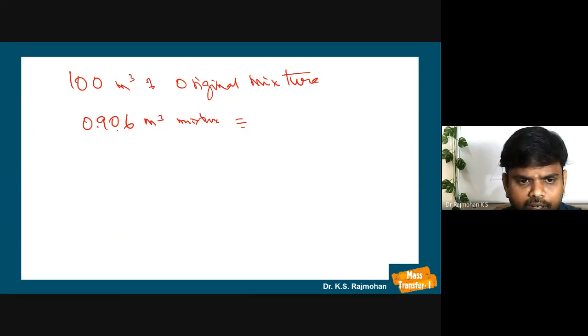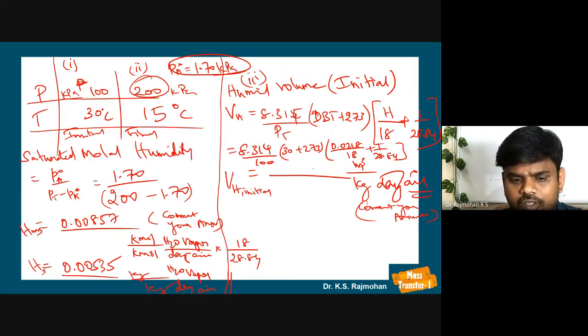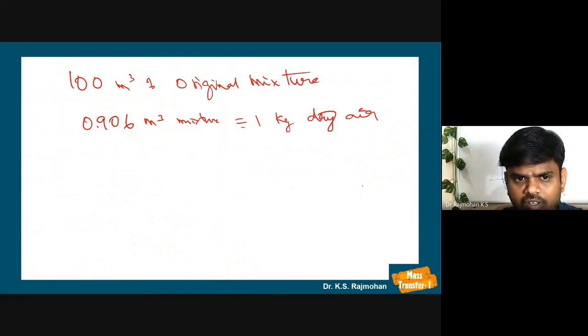So we have 0.906 meter cube of mixture per 1 kg of dry air. That is the humid volume we have calculated. As I said, you are getting a value of around 0.90, meter cube per kg dry air. So with that data only we are proceeding.